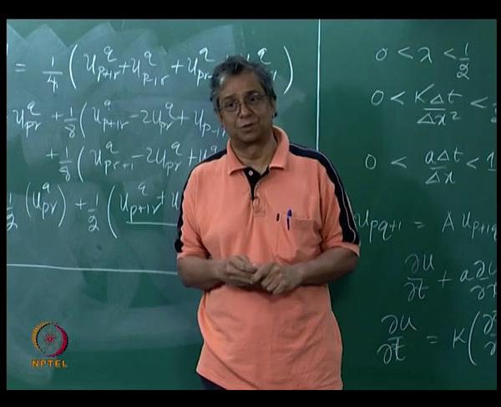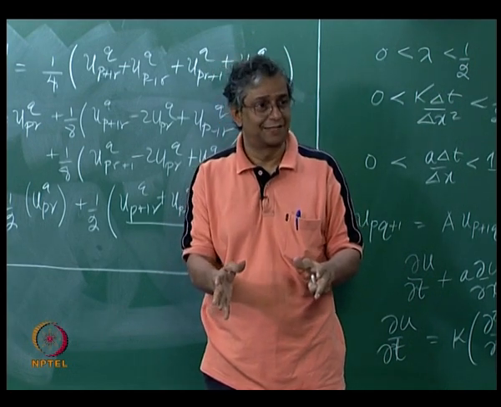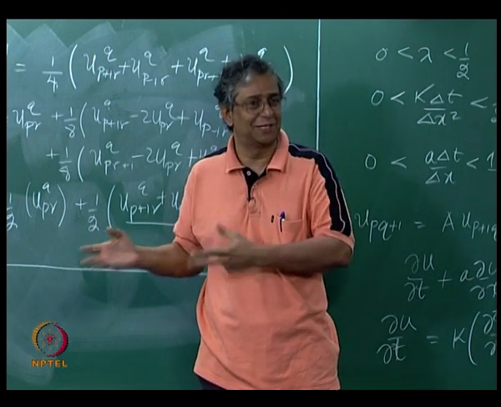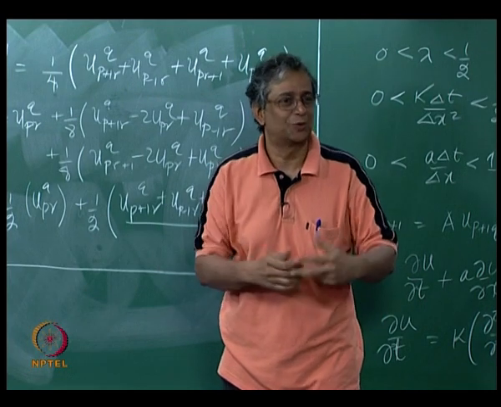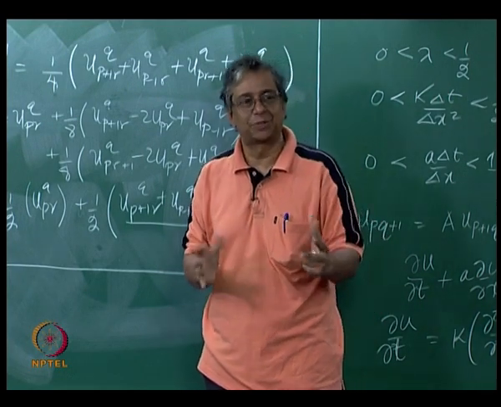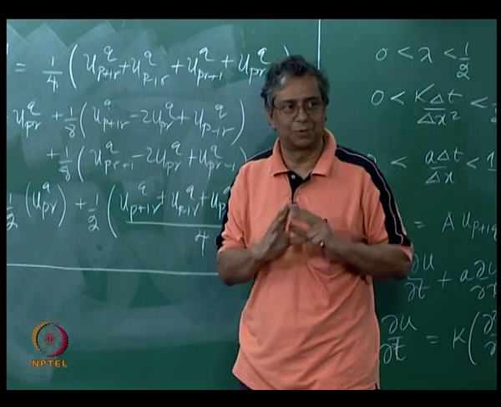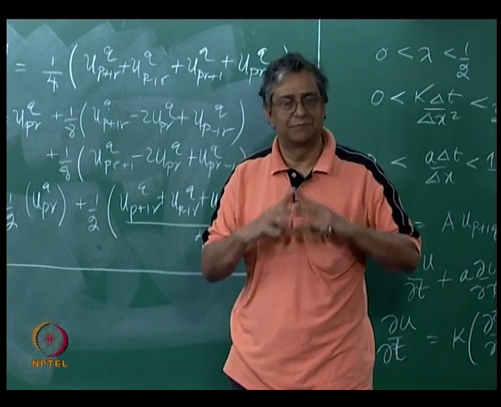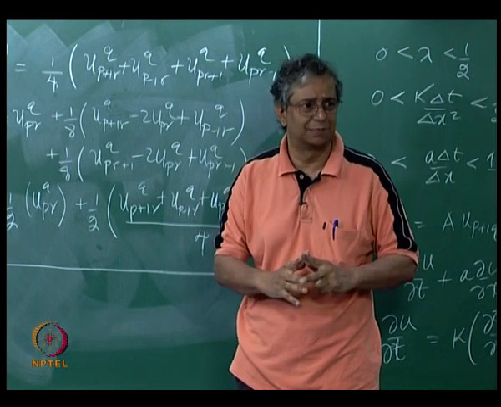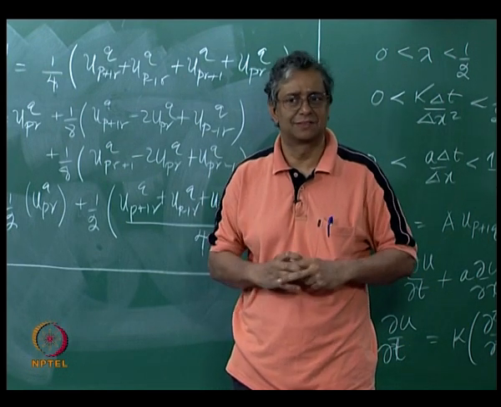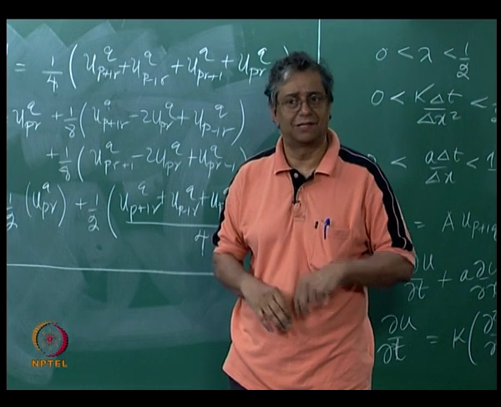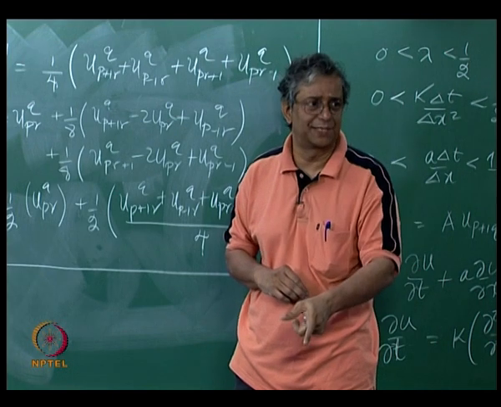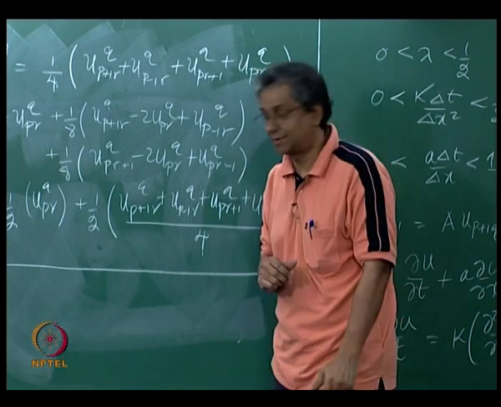The counter argument is, look, you know you are solving the modified equation, so instead of improving it so that it gets closer to the actual equation, why are you making it worse? So we have to be careful how we handle this, but you have to have an awareness that whether you like it or not, there is numerical dissipation showing up, because the modified equation is not the same as the original equation. So you have to have an awareness of what it is. The second thing is, if you are going to add something to it, you have to add it carefully.